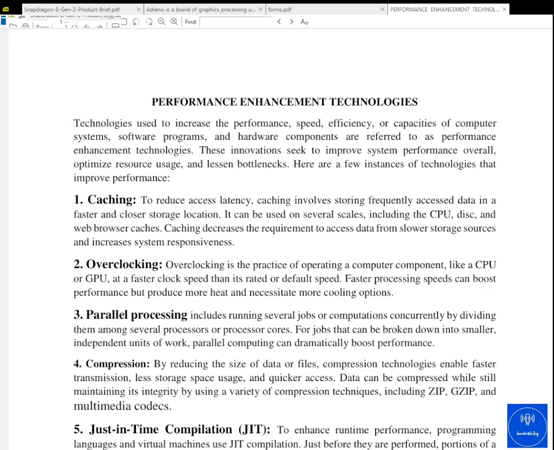Now, these innovations seek to improve the system performance, optimize resource usage, and probably lessen the bottlenecks that are there.